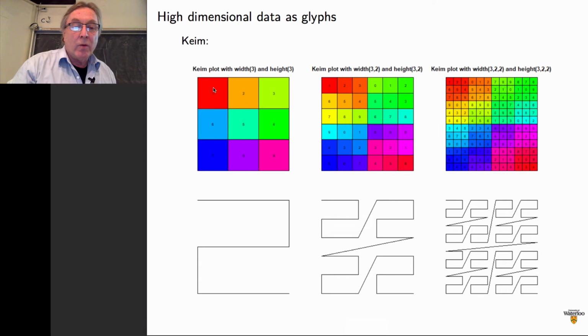So here we're going 1, 2, 3, 4, 5, 6, 7, and 1, 2, 3, 4, 5, 6, 7, 8, 9. And the specification is I want something that's going to be a width of 3, that's 3 columns, and a height of 3, that's 3 rows. The next specification is a width of 3, 2, and a height of 3, 2. And that's telling me how I want to change these things.